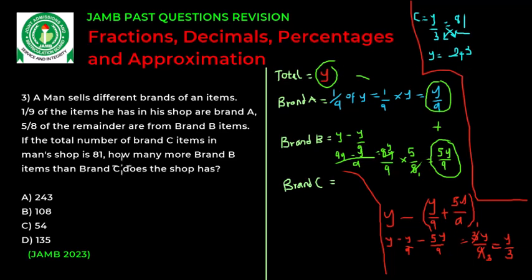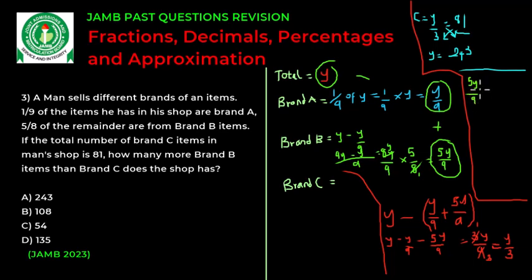Then the question is, how many more brand B items than brand C? So we need to know brand B now. How do we know brand B? We know brand B as 5y over 9.